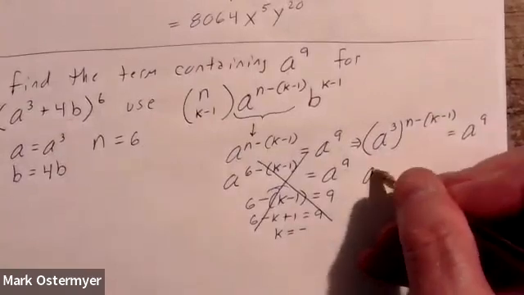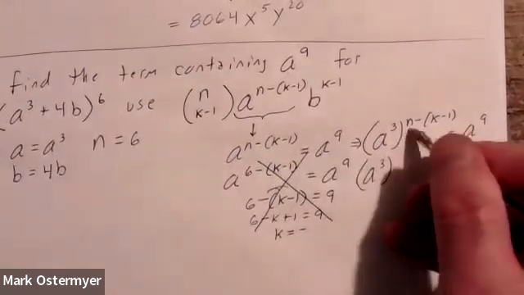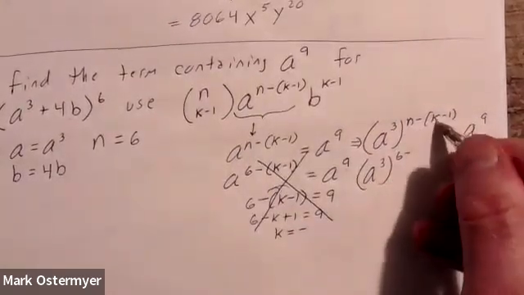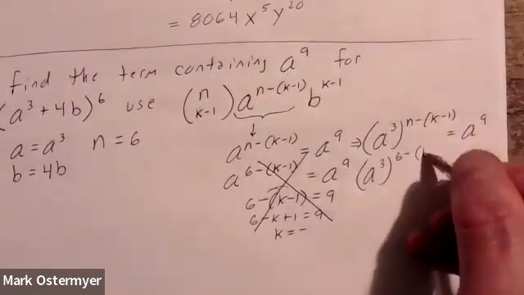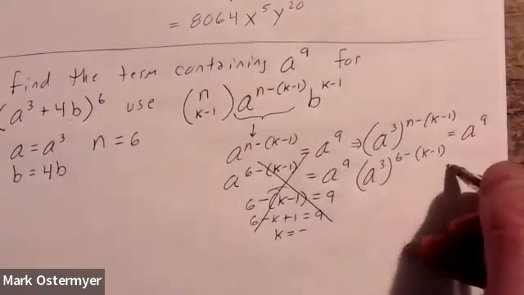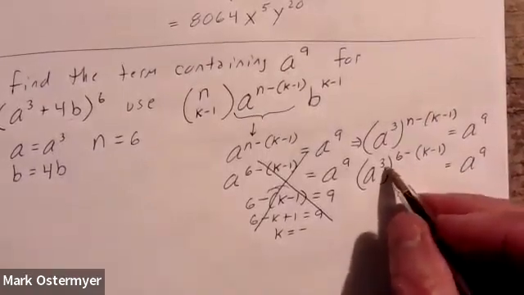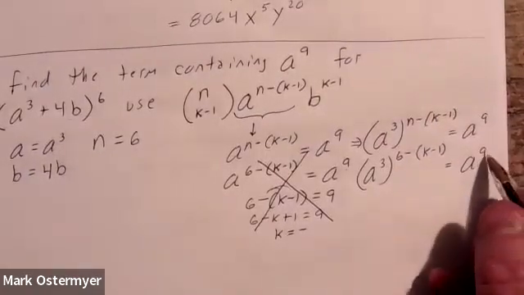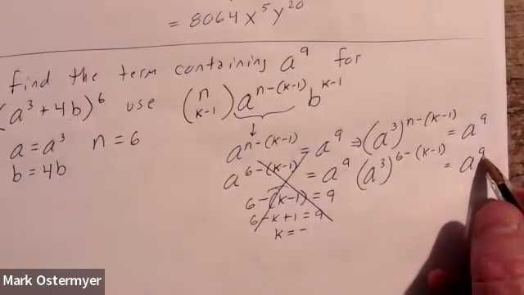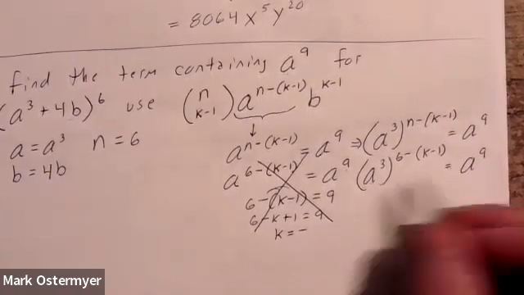So we really have a to the 3rd power raised to the n is 6 minus k. We don't know k, so that's k minus 1. That's got to be equal to a to the 9th. We're now going to set this exponent equal to this exponent. We can do that because we have equivalence between like bases.